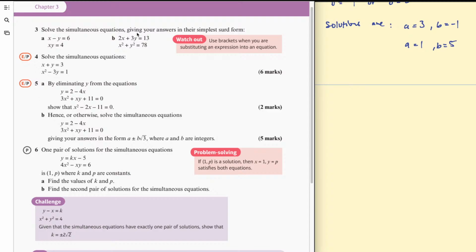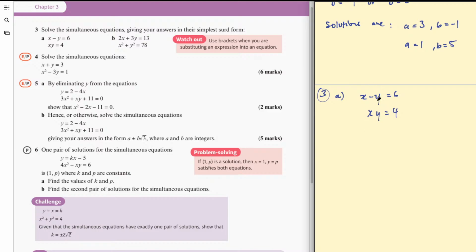Question 3 says solve the simultaneous equations giving your answer in the simplest surd form. x take y equals 6 and xy equals 4.